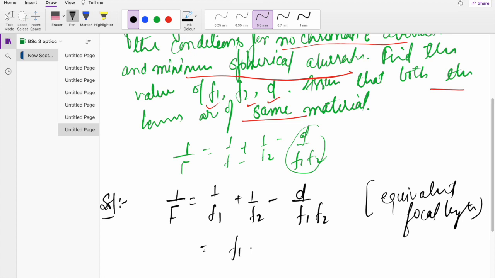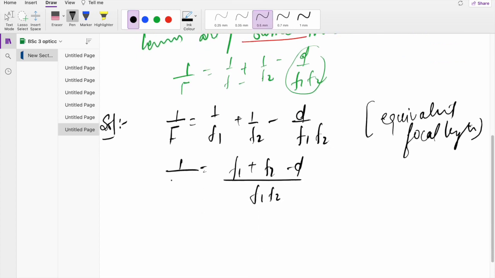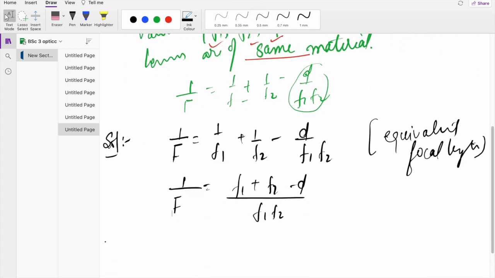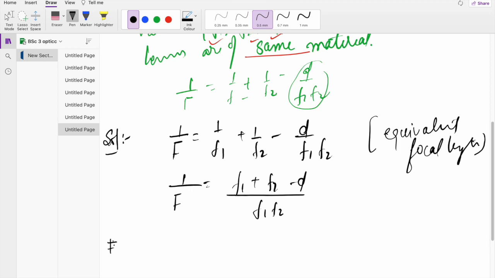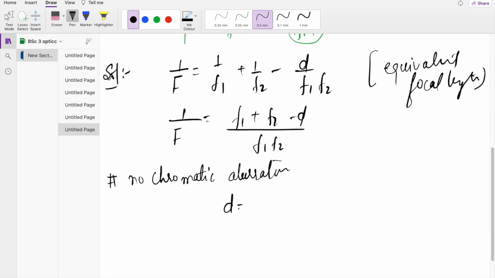Now for no chromatic aberration, we know the separation between the two lenses must be d equals f1 plus f2 upon 2. Say this is equation 1, and this is equation 2. This is the condition for no chromatic aberration.